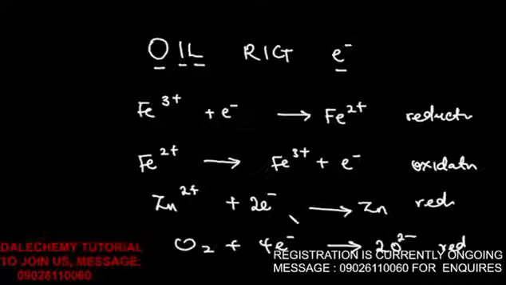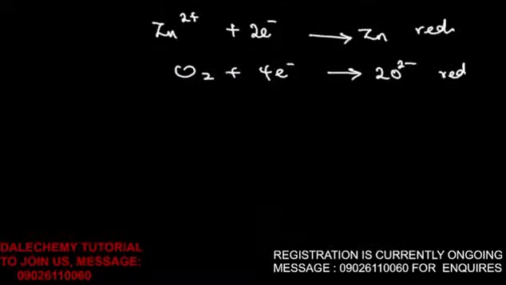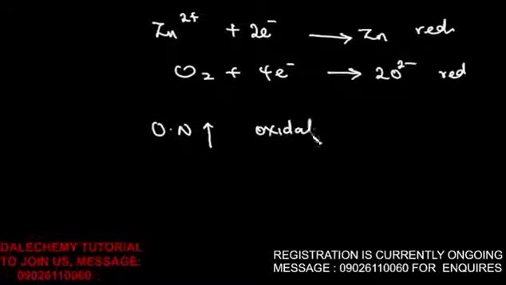Now in another way, we can say that oxidation is the increase in the oxidation number. So in a reaction whereby the oxidation number of a particular species increases, we say that this is an oxidation reaction. When the oxidation number of a species reduces, that means that the reaction is a reduction reaction.